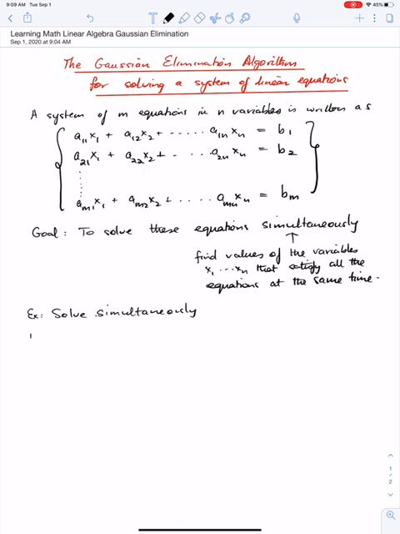And the first one is this system. 2x1 plus x2 plus 3x3 equals 1. 5x2 plus 5x3 equals 2. And x3 equals 0. Let's put our brackets around it, brace all round. And for convenience, let's call this equation 1, equation 2, and equation 3.